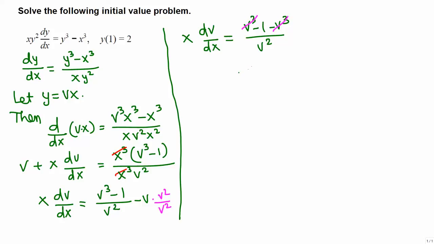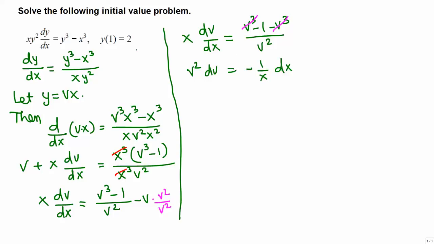Now we are able to separate the variables. Negative 1 over v squared, bring that to the left, so v squared goes on the top, negative 1 on the bottom. I am going to leave the negative there. Then dv, and this x goes on the bottom, 1 over x, and dx.